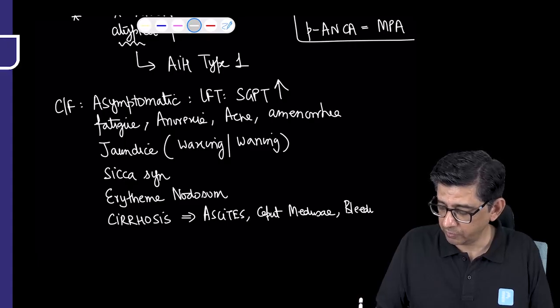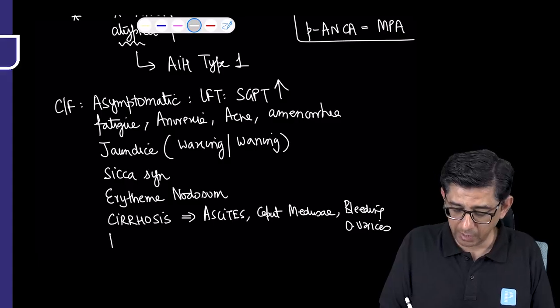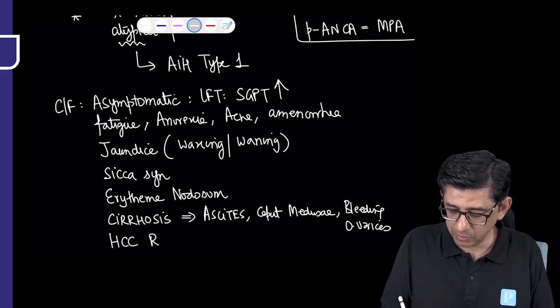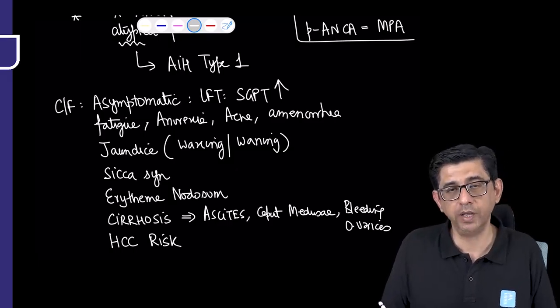A large number of cases can go undetected. That is why the mortality rate was fairly high, going up to 40% for this condition. And adding insult to the injury, rubbing salt into the wounds, this condition can contribute to development of liver cancer as well.